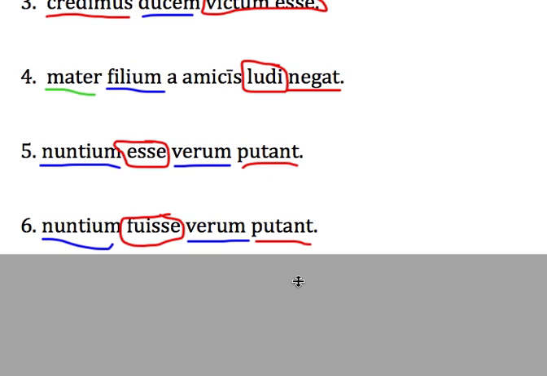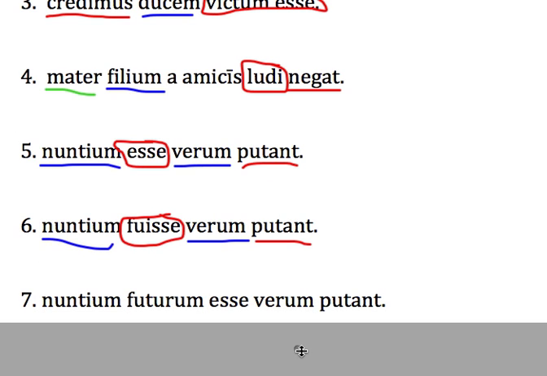All right, let's consider one more sentence and then we'll be done. Nuntium futurum esse verum putant. Hey, this is basically the same sentence again. We've got the head verb putant. We've got the infinitive futurum esse. We've got accusatives in nuntium and verum. All right? So, this is a future tense active infinitive. Up here we had a perfect active, here we had a present active. Present active was the same time as the main verb.